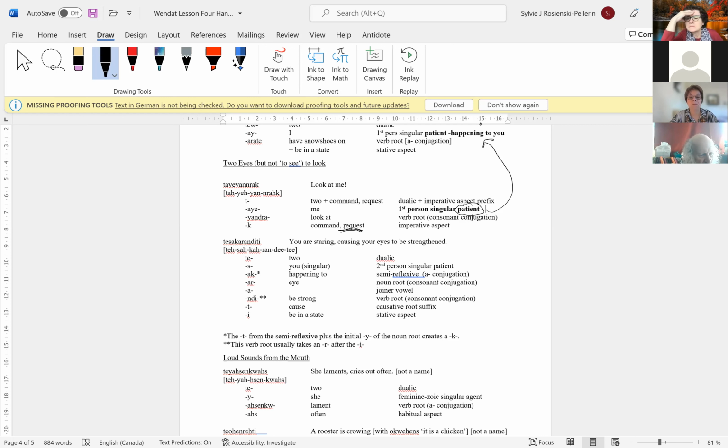Okay, so now the other one is you're using the noun plus a verb here. So you are staring, which literally means causing your eyes to be strengthened. The S is the you singular form, second person singular patient.